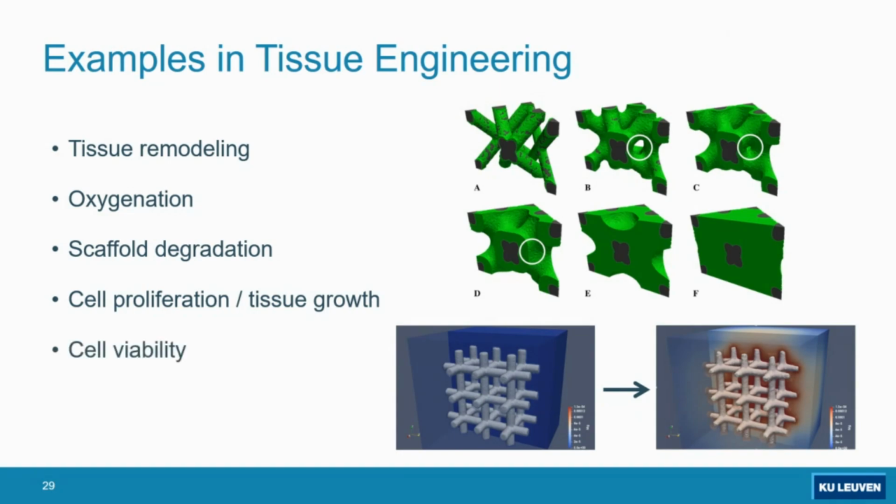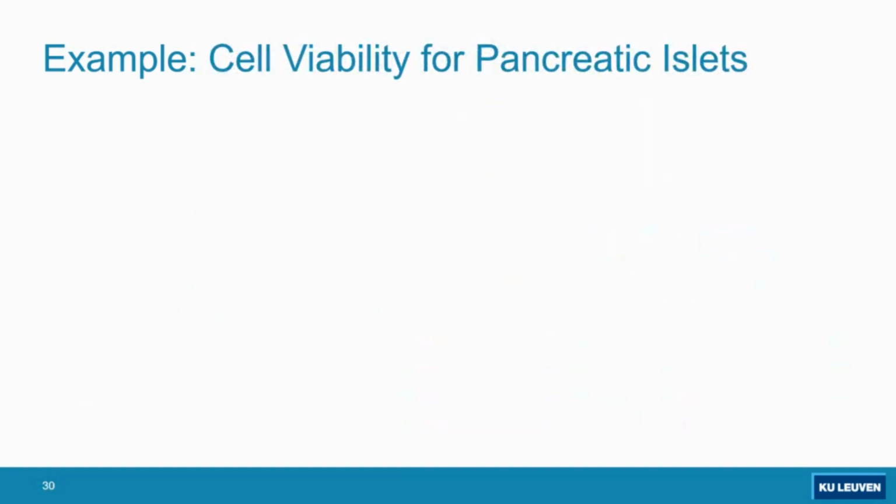Another example is cell viability, which is the example that I want to present to you here, among lots of others. This is cell viability for pancreatic islets. I have a reference for this at the end, so if you are interested you can read more about it.